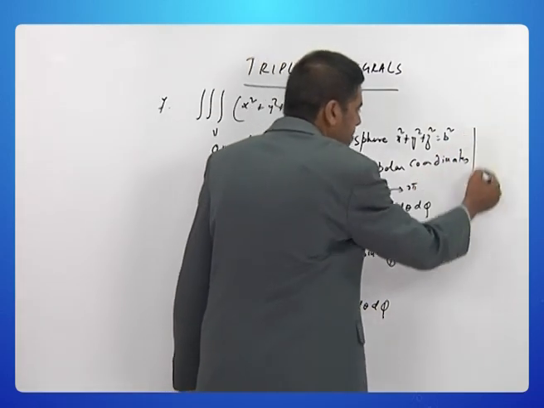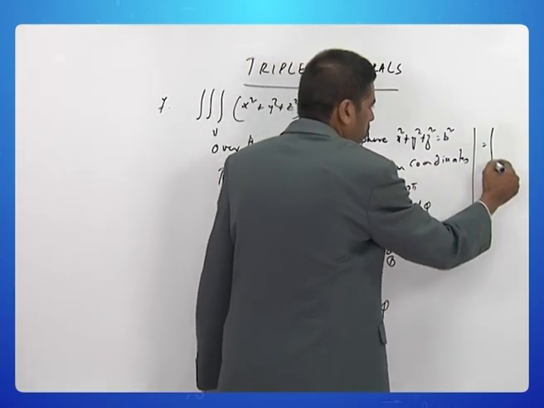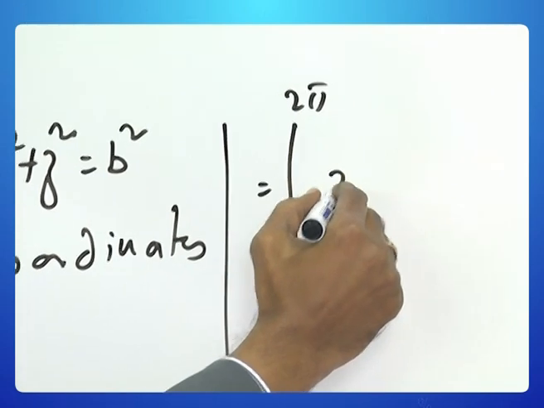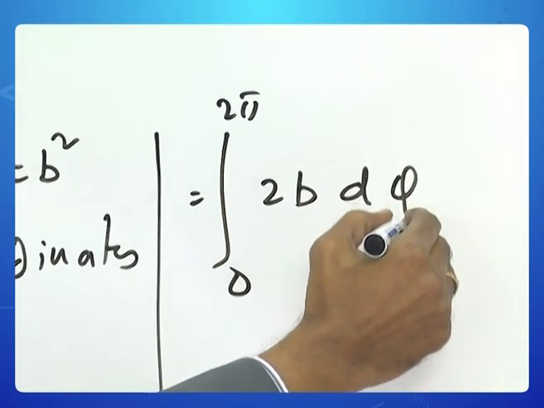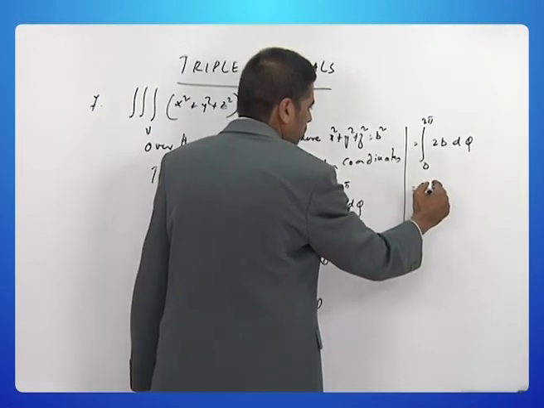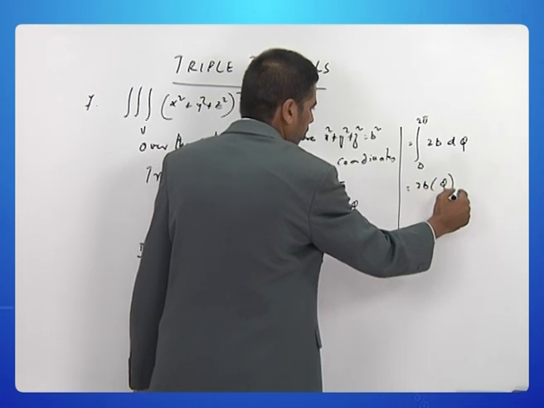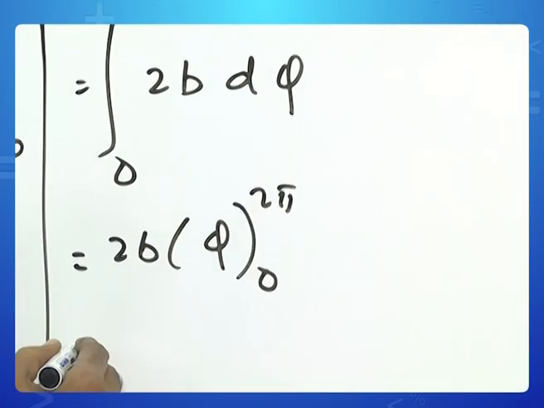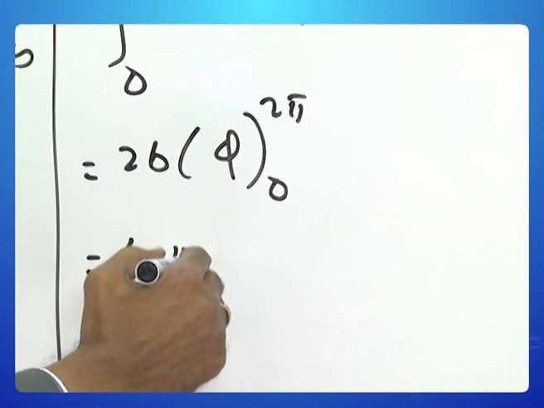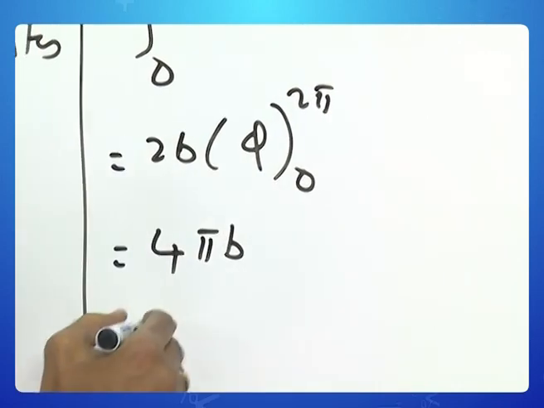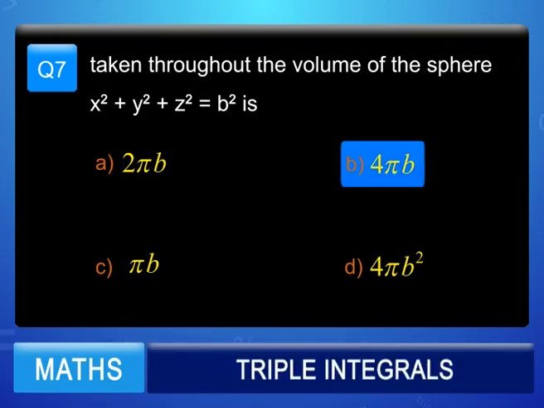Therefore you will have 0 to 2 pi, 2b d phi. So this is 2b into phi from 0 to 2 pi. So we'll have 4 pi b, and the correct option is B.